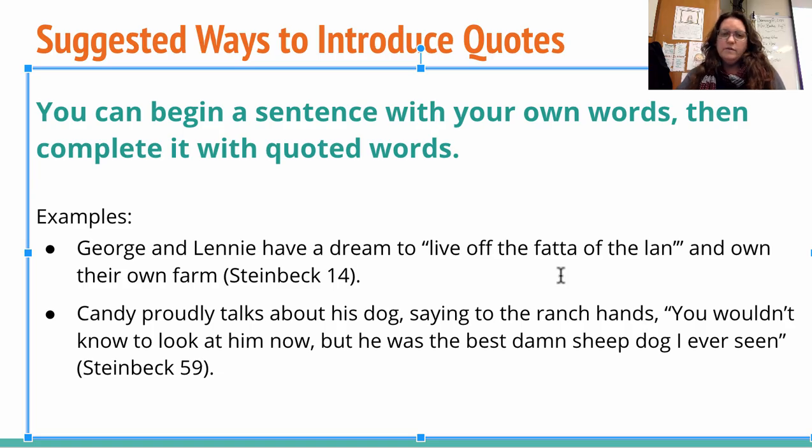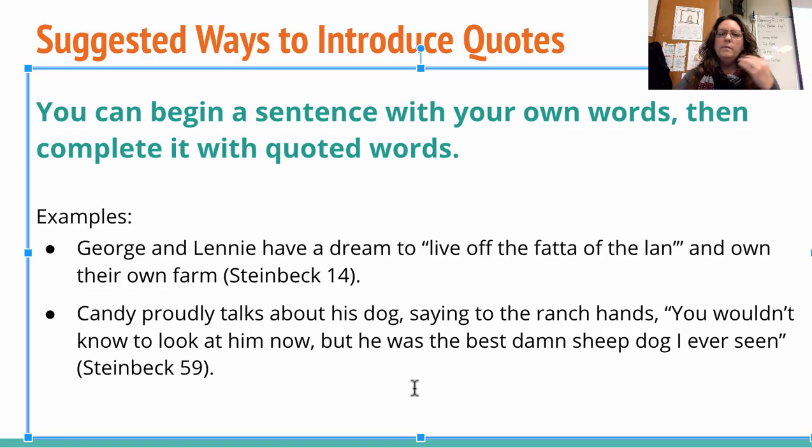I could have just written the sentence, George and Lenny have a dream to own their own farm. But by putting in those quoted words, it adds a little bit more to the sentence, and then I finish it off with the citation. Even though this is a very short quote, it still counts as cited evidence, and you can still use it.